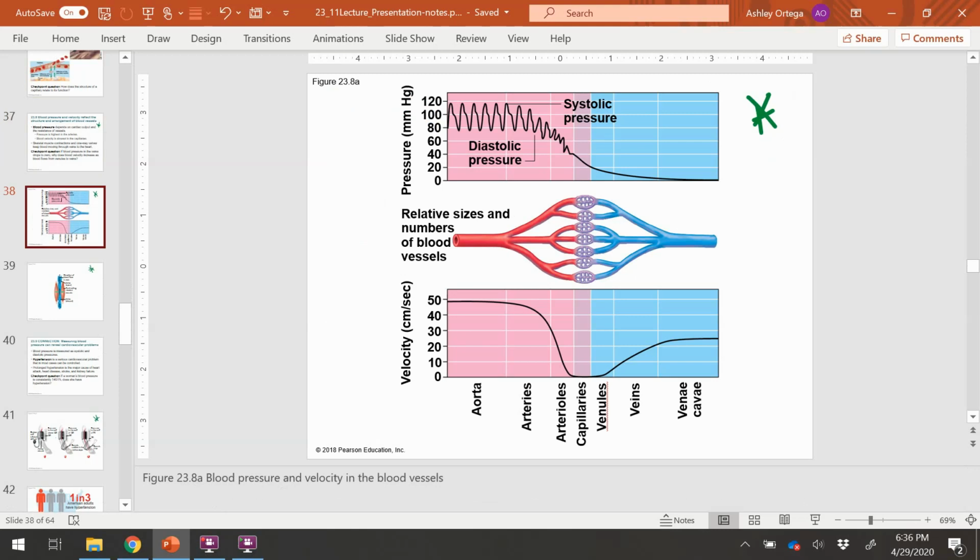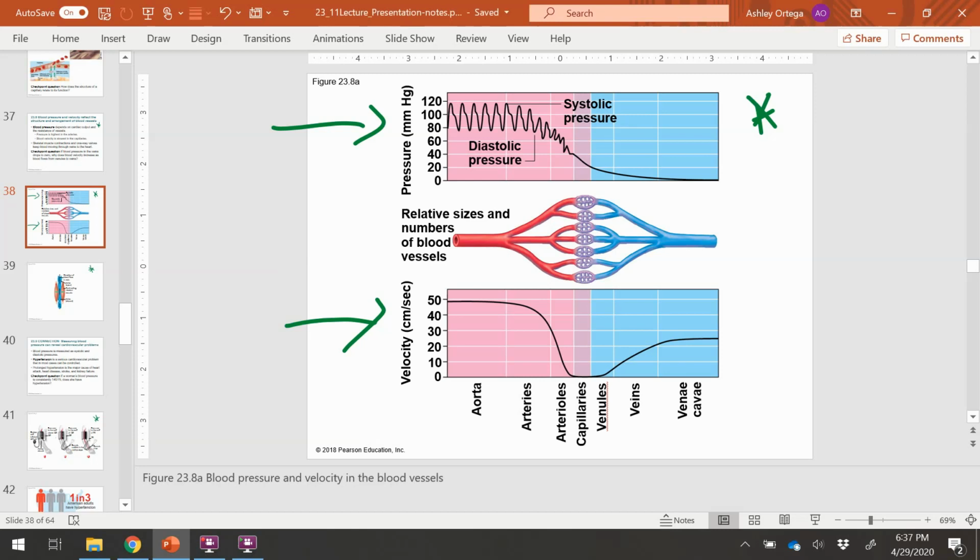In terms of velocity down here, and then pressure here, going through the aorta, it's going to have a very high velocity as the heart has just pumped it and it's ready to leave and go to the rest of the body.